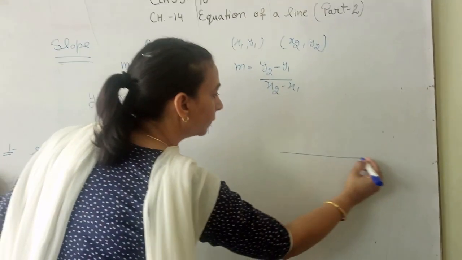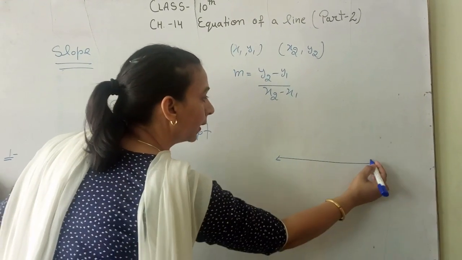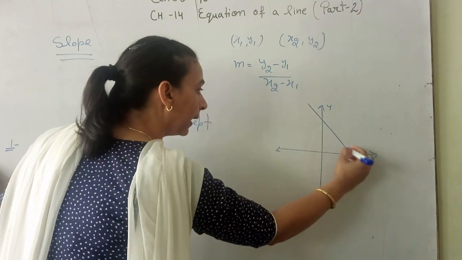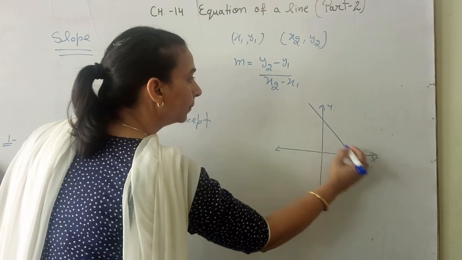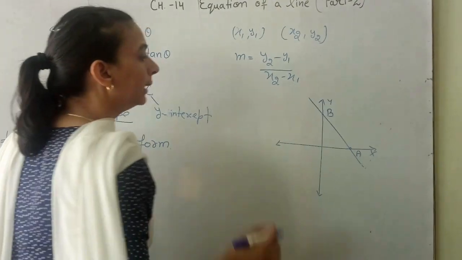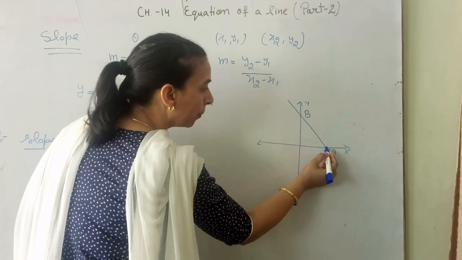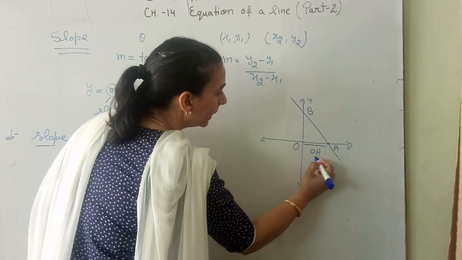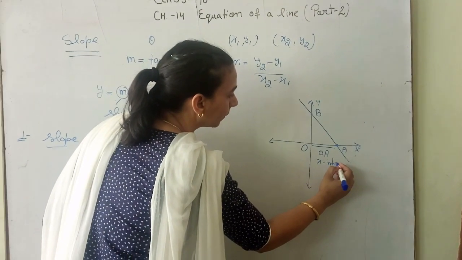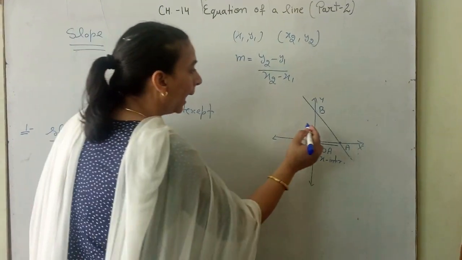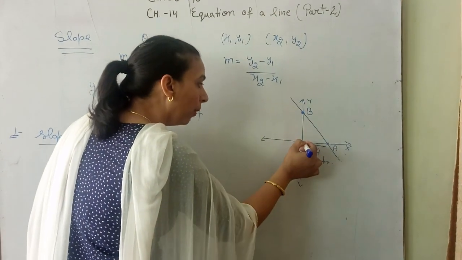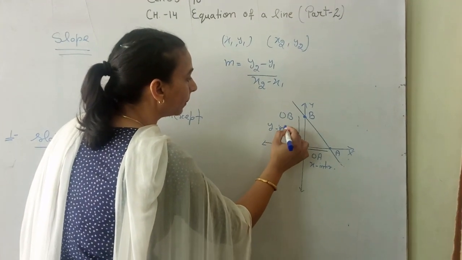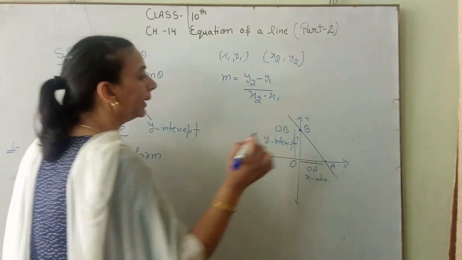Students, we have the x-axis and y-axis. And if there is a line meeting them at point A and point B, then the distance of point A from the origin, meaning OA, is the x-intercept, and the distance of point B from the origin, meaning OB, is the y-intercept.